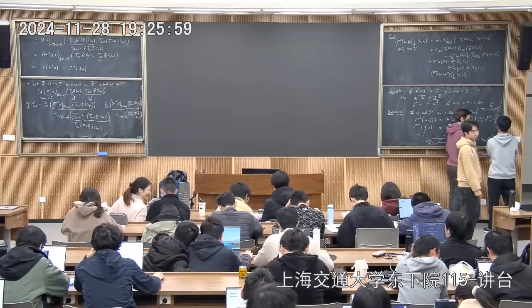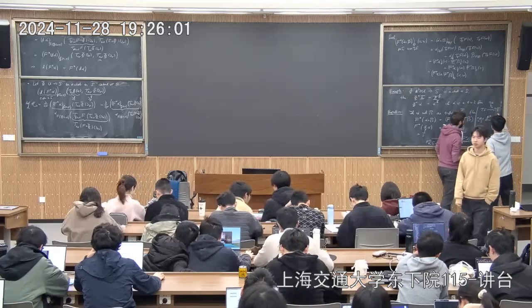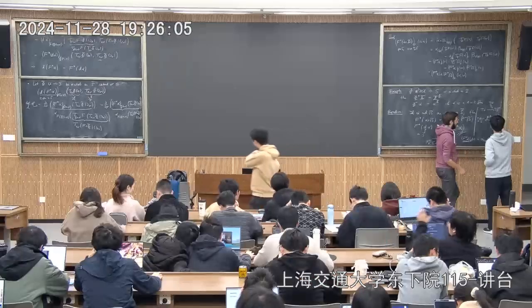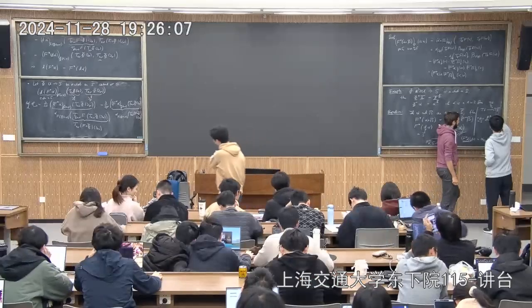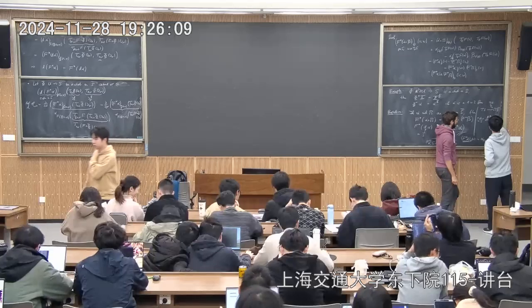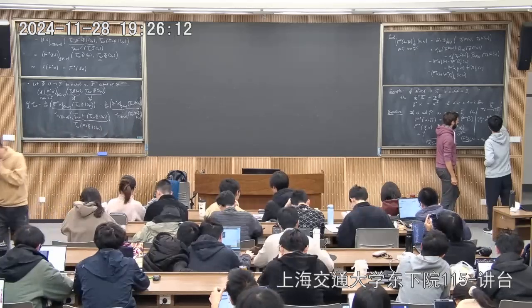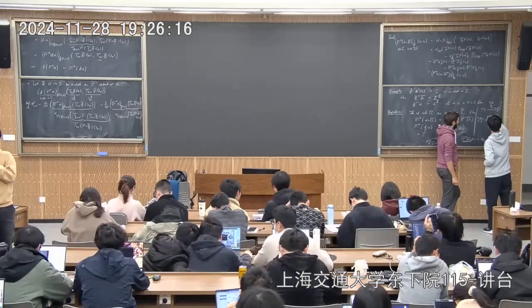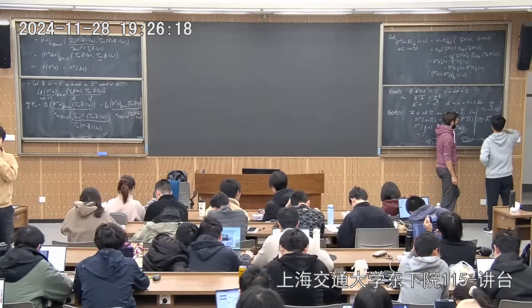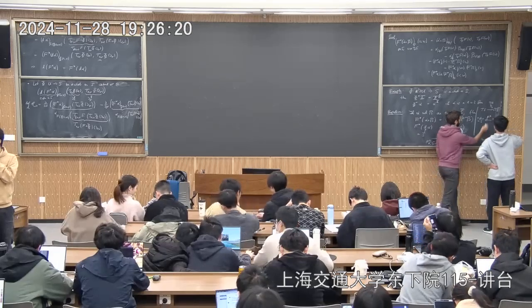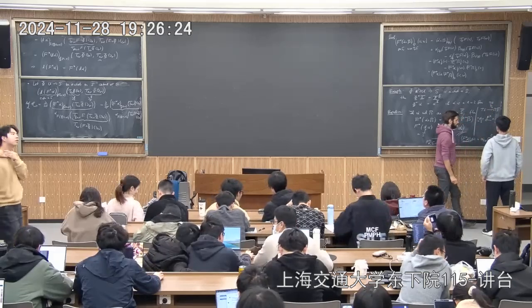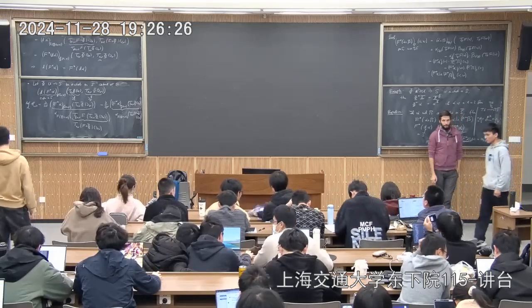So F star, you can see that as the dual of that map. Yes. So the adjoint of it.